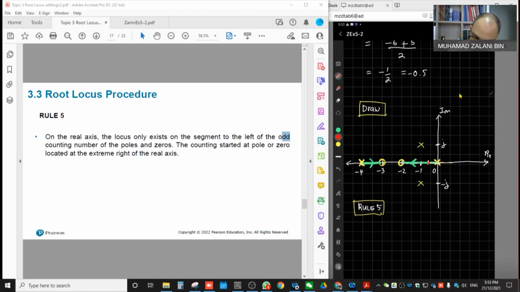The second one, 270 degrees, starts from here and turns 270 degrees. That is the location of the 270 degrees, which is exactly the straight lines, the asymptote lines.